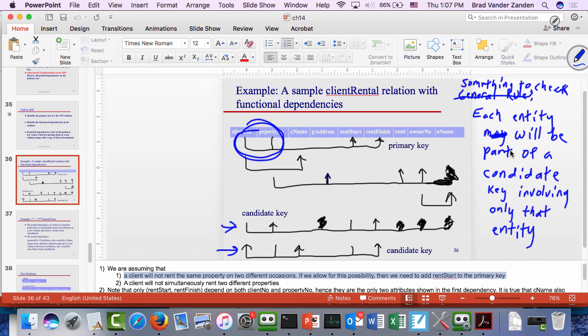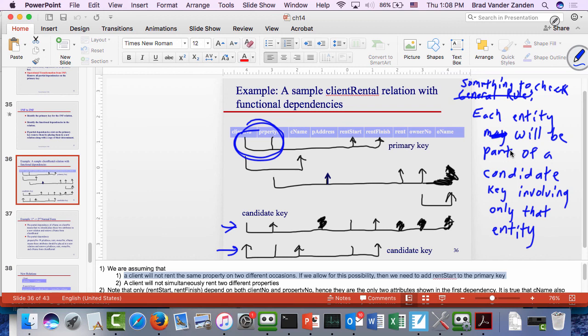I'm actually having trouble coming up with good examples, so this is actually a pretty good general rule. So in general, you should check to see if each entity will be part of a candidate key involving only that entity.